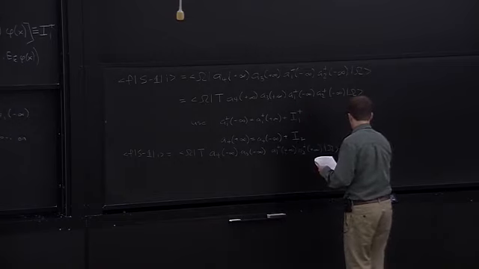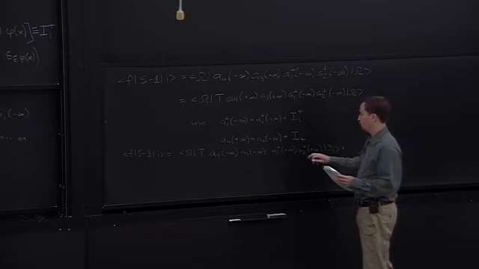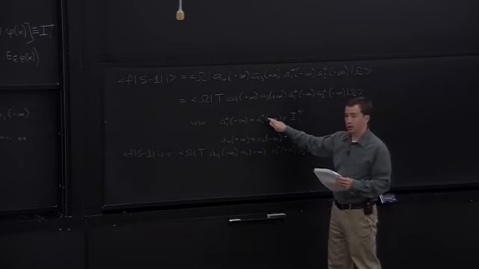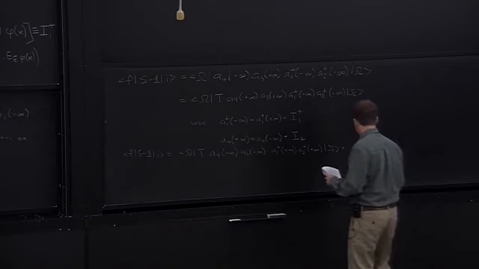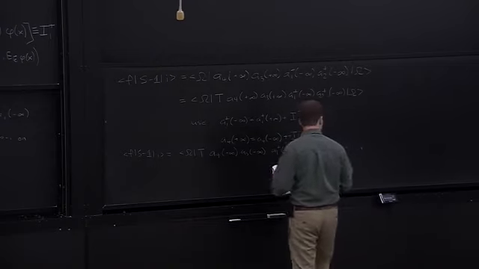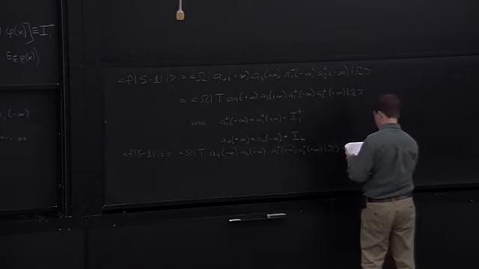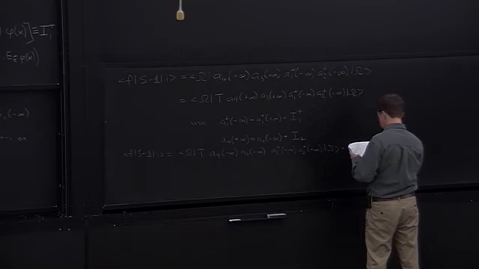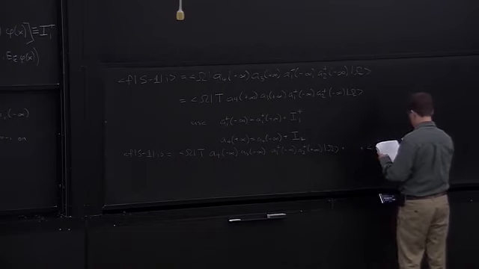You get a whole bunch of terms that involve both the creation or annihilation operators and these integrals, which I won't write out. I'll explain why in a minute. And then we also get the term that only contains these integrals.